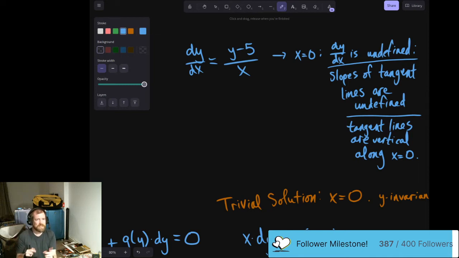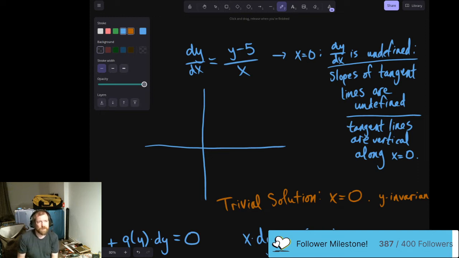So all that means is that we're going to now have a location where if we get a solution, or if we have an initial value which is on that particular line, the only solution we're going to get is a vertical line whose equation is x equals 0. So what we would look at, another way to do this, is to create what's called a slope field.